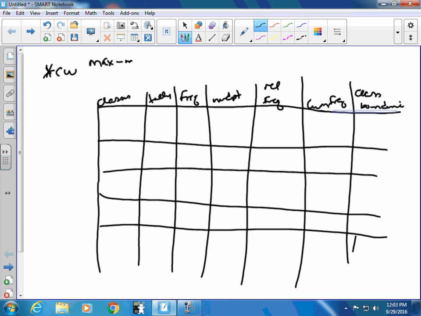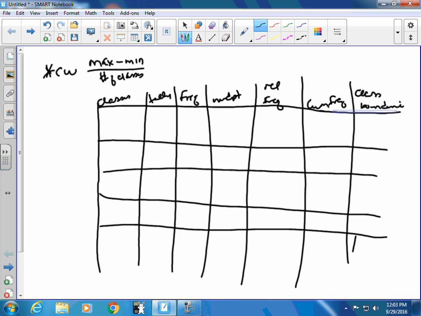You subtract them. And then what? Divide by. What other piece of information do they give right there? Number of classes. The midpoint is where we divide by 2.